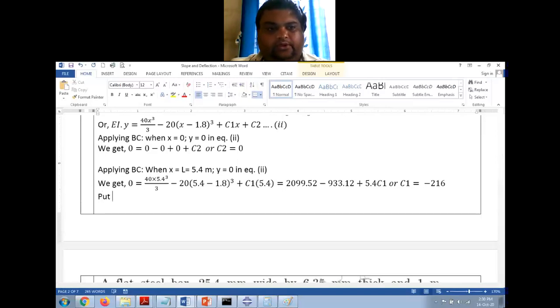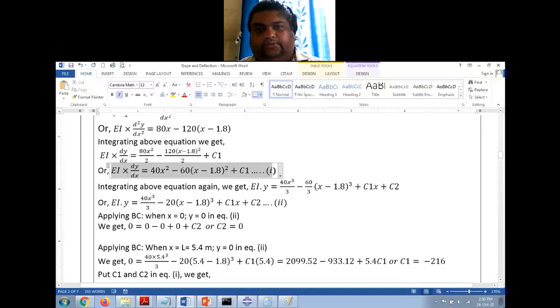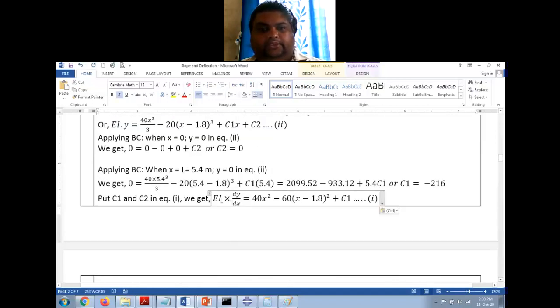Now you put the value of C1 and C2 in equation 1 and 2. Put C1 and C2 in equation 1. What is equation 1 we had? This is equation 1, right? So I will just copy this entirely and paste it here.